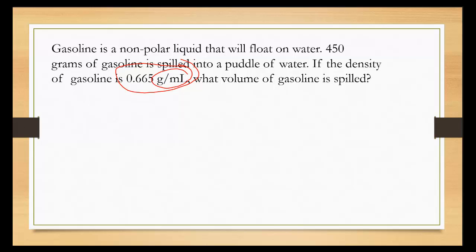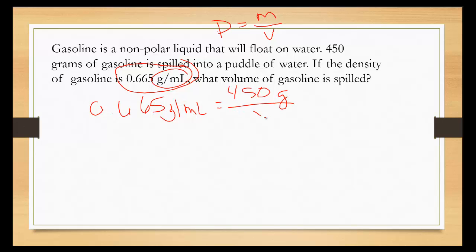So, density is equal to mass over volume. So that means 0.665 grams per milliliter is equal to 450 grams over the volume, X. You can't have X on the bottom when you're trying to solve for it, so I'm going to multiply both sides by X. The X cancels on this side.